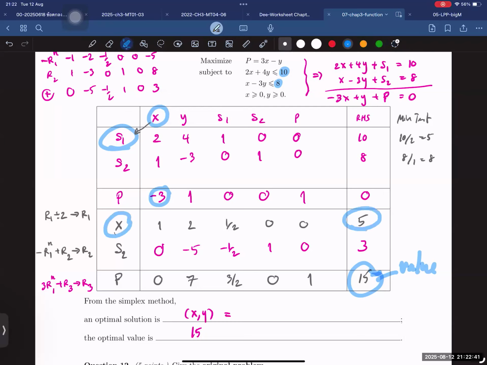All right. Next, from the original problem, we want to write the dual problem. So the dual starts from the minimum. For the duality, we don't care about the positive or negative here. Let's review what's going on for the duality. Let me review myself as well.